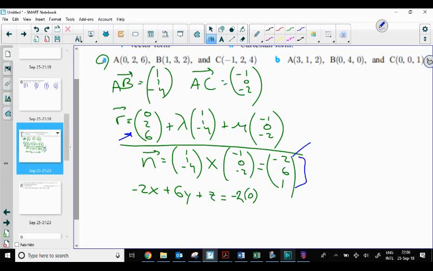In other words, this is going to be negative 2 times 0, so that was the x from here times the x from there, plus 6 times 2, those are the y values, plus 1 times 6. Add those up, we just get 18. So negative 2x plus 6y plus z is equal to 18. That's the Cartesian equation for this plane.